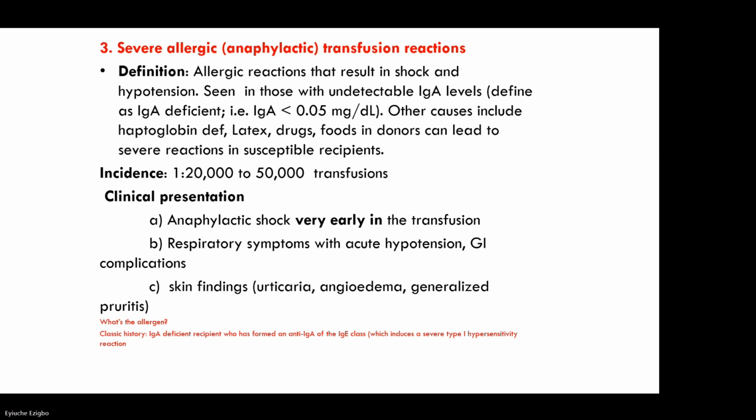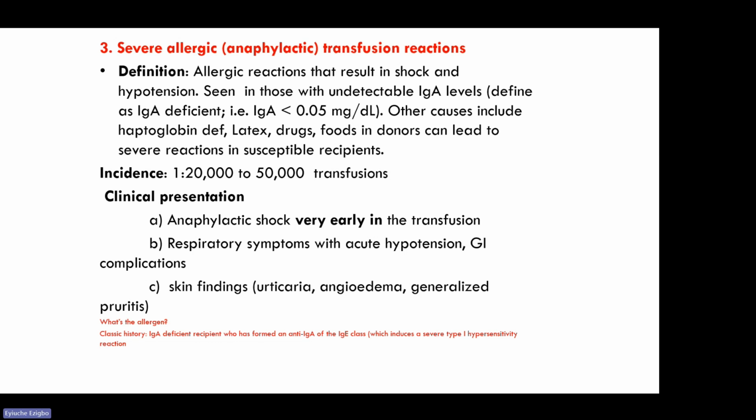Other causes include haptoglobin deficiency, latex, drugs, foods, and donors, which can lead to severe reactions in susceptible patients. Sometimes, donor diet, for instance something eaten before donating, can contribute to some transfusion reactions.